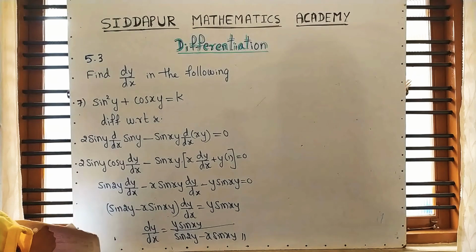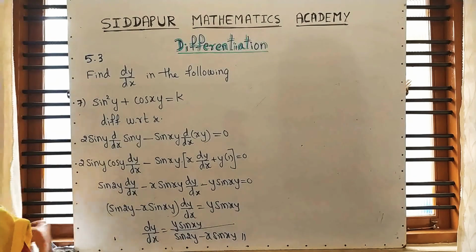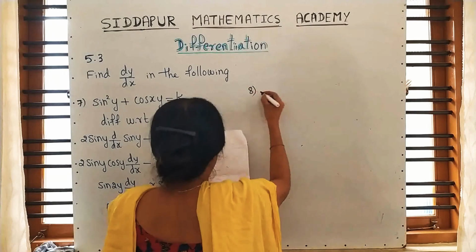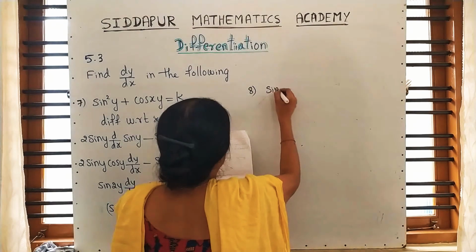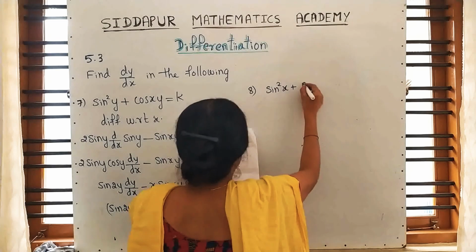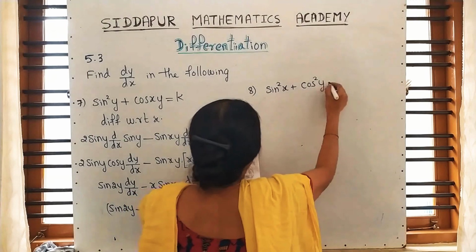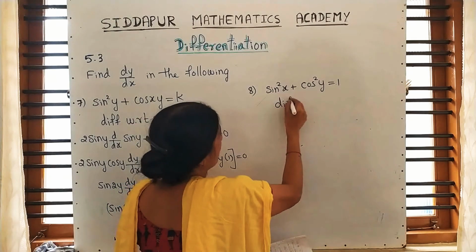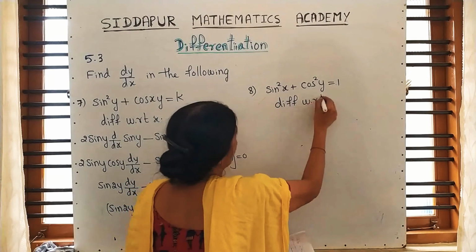Question number 8. Sin square x plus cos square y is equal to 1. See here, differentiating with respect to x.